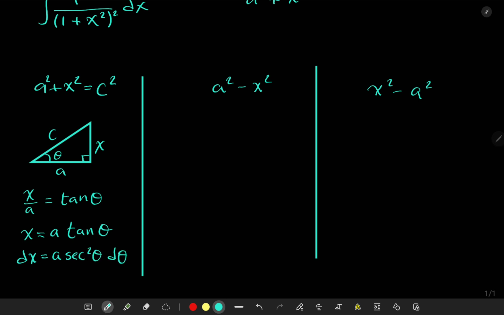Now, we can read this information right off of our triangle. If you go ahead and take a square root on both sides here, c is the side of a triangle, so it's positive, and you just get the square root of a squared plus x squared.